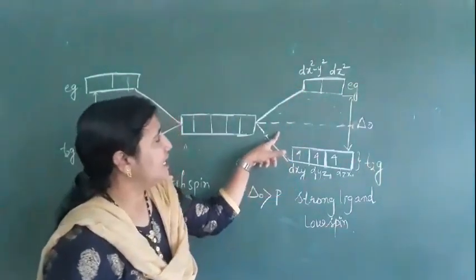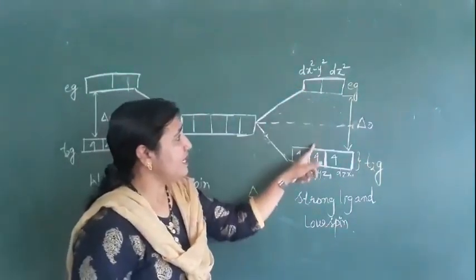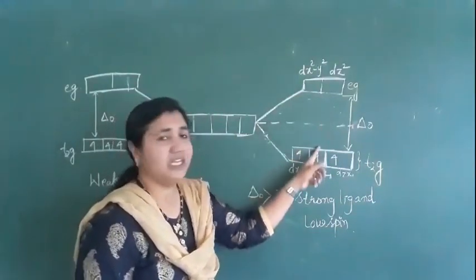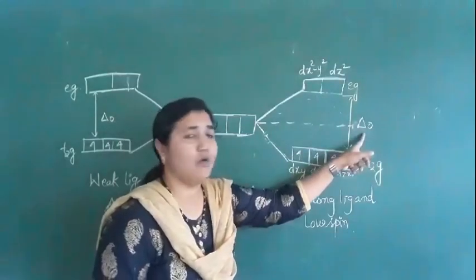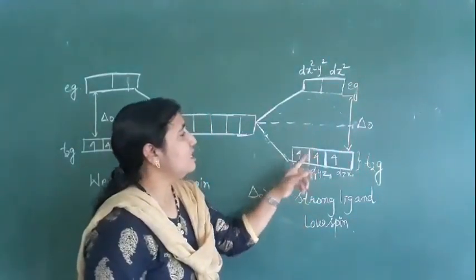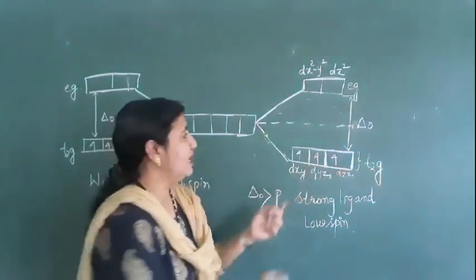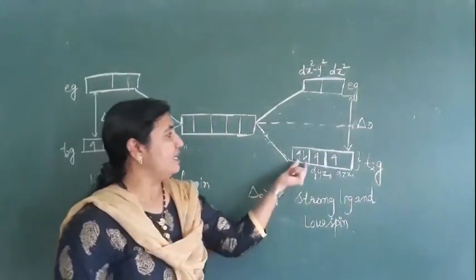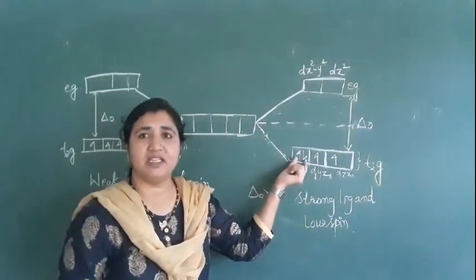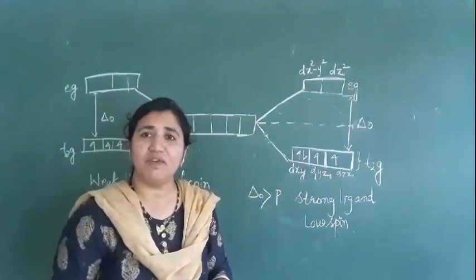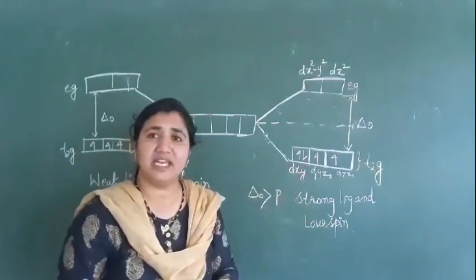Because here the splitting energy is more, the crystal field splitting is more, that is, the delta O value is high. In such cases the 4th electron will enter the T2G set only, and the electrons will get paired. This is called pairing energy: the energy required for pairing of electrons.